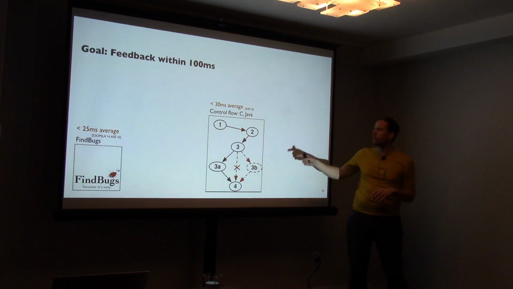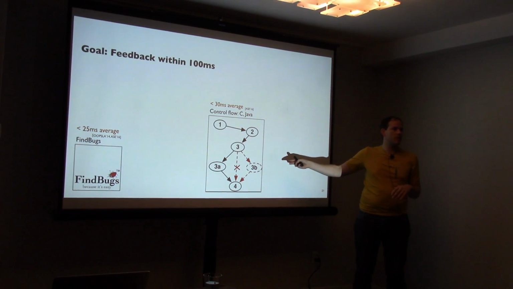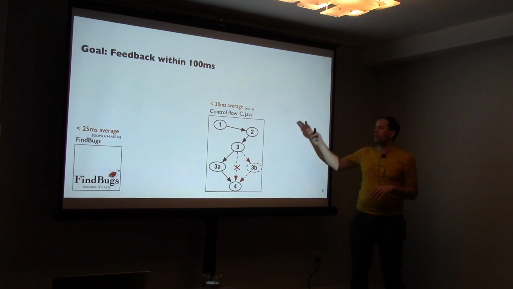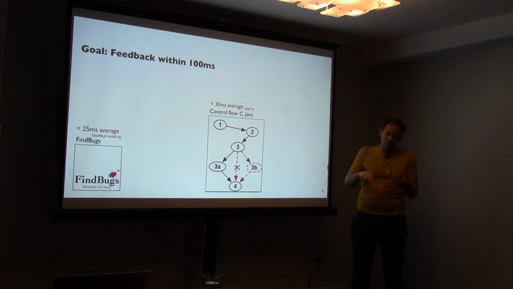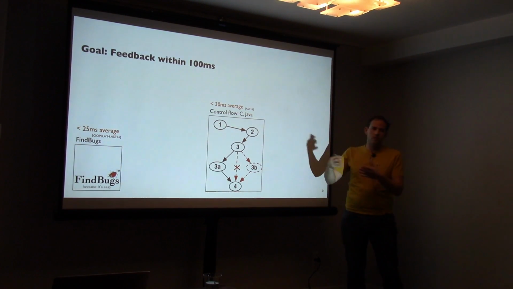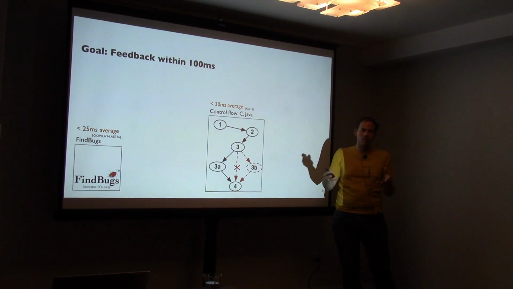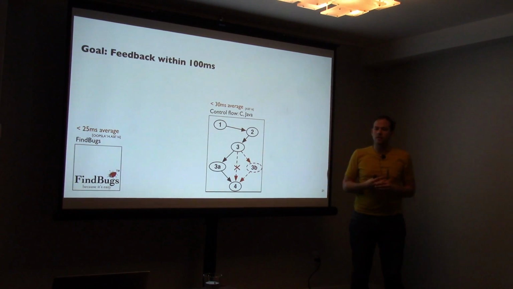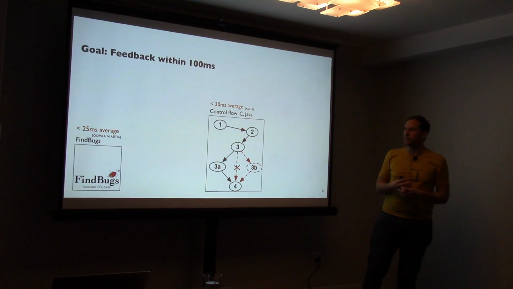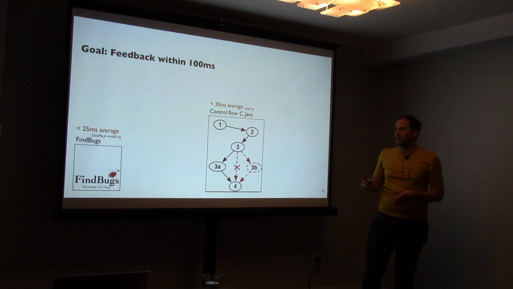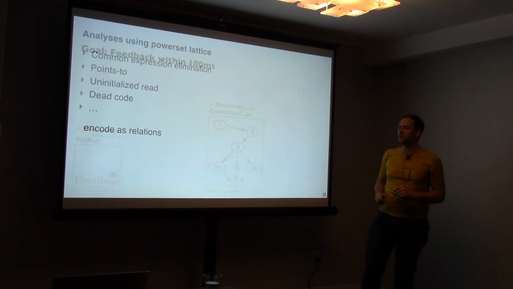And then we did control flow analysis, so that's similar to what Tamas just showed you, for C and for Java, where as you change the program, you get updates to the code analysis and the control flow analysis underlying it in less than 30 milliseconds on average. So that's great because that's really interactive feedback provided to the developer. You see there's some gaps on this slide. We will fill them in a little while.